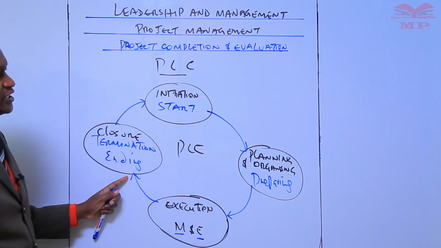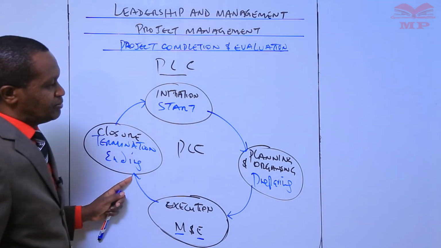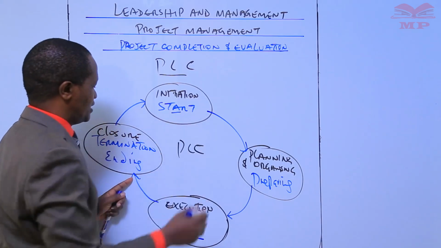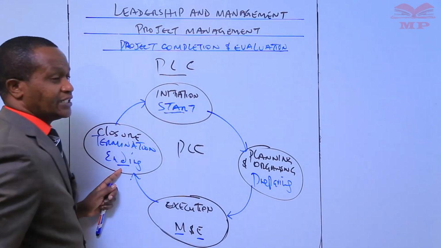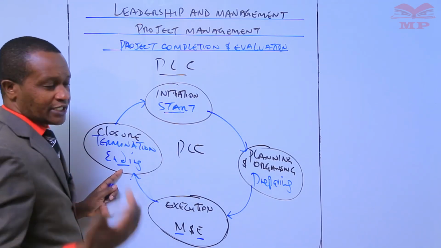And when studying the features of project, we say that projects have timelines. A project has the starting time and the ending time. The project has to indicate when the project is to start.